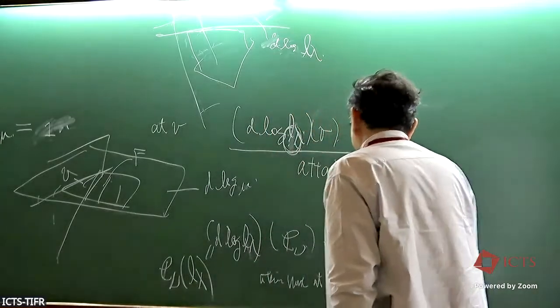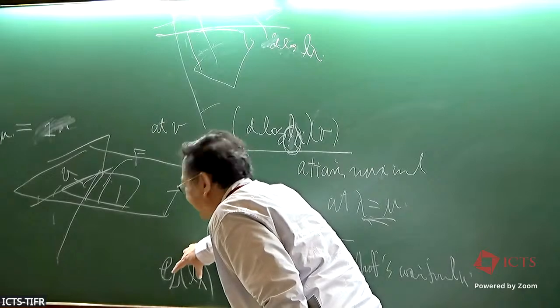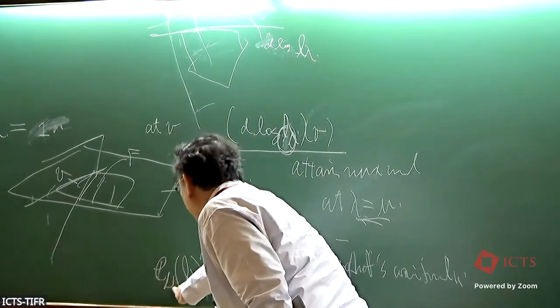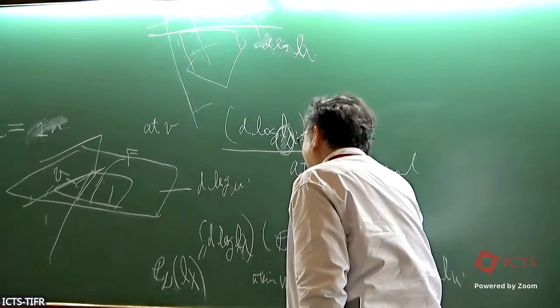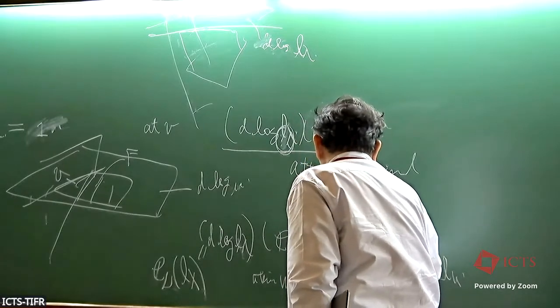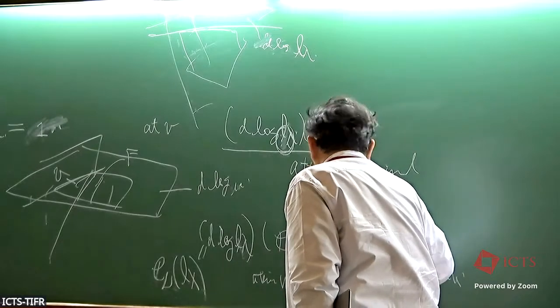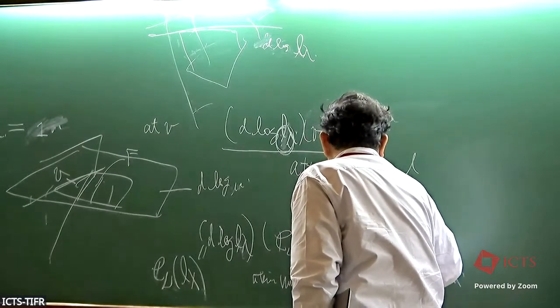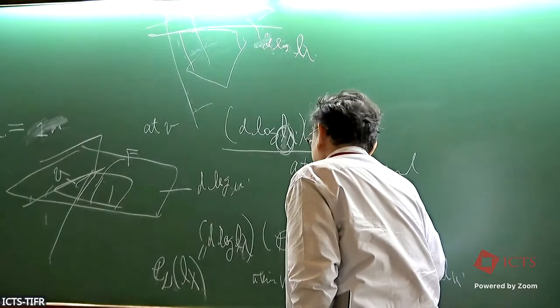Kerckhoff's formula says that if you exchange mu and lambda, you get just a minus sign. So this is something like E lambda L.